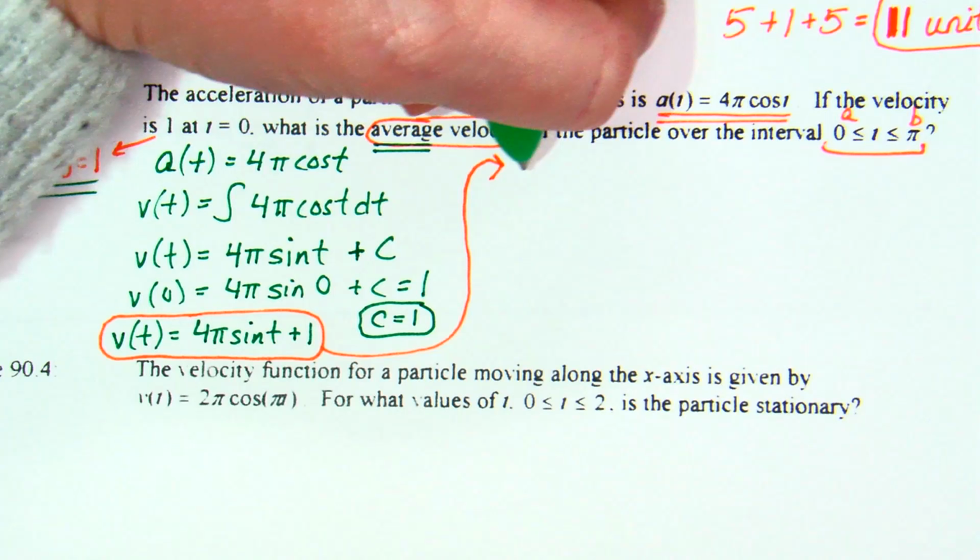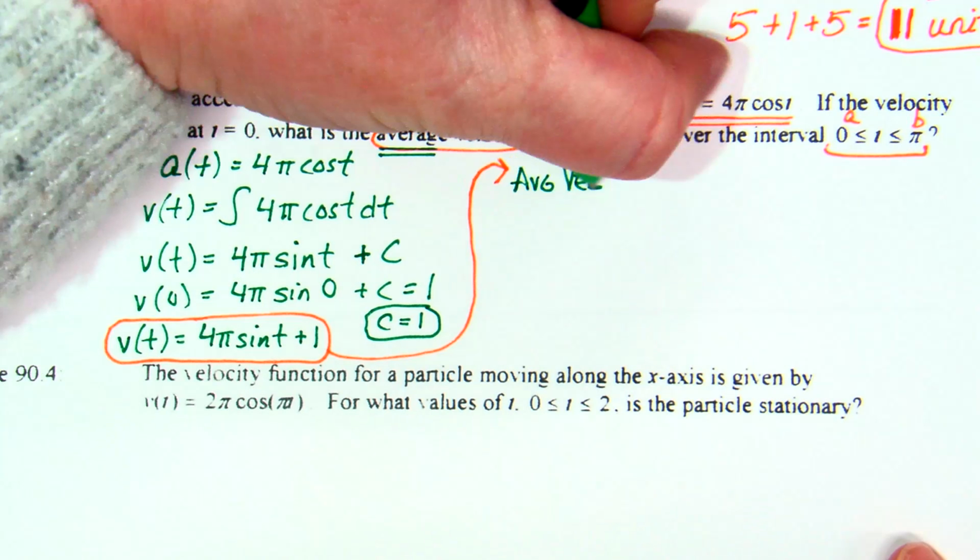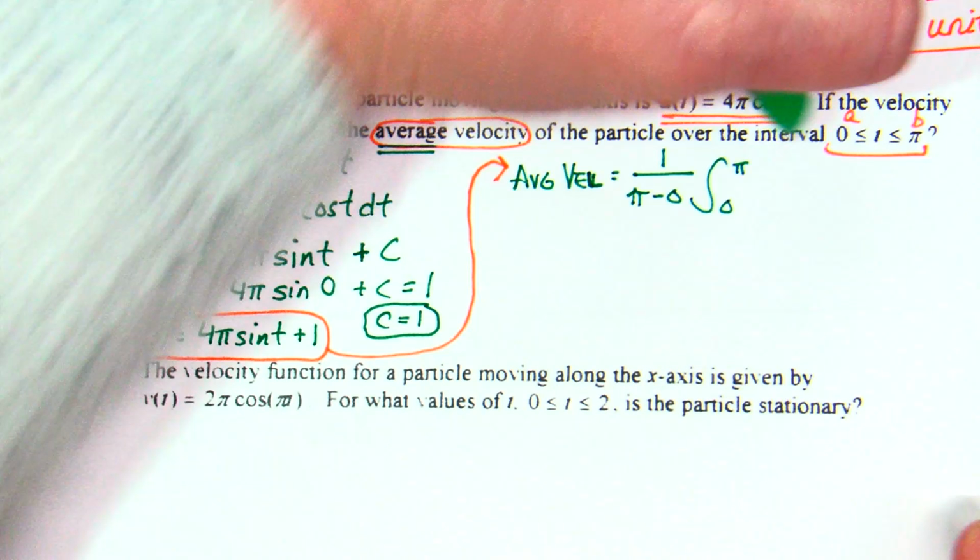So in order to do average velocity, 1 over b minus a, so pi minus 0, times the integral from 0 to pi.